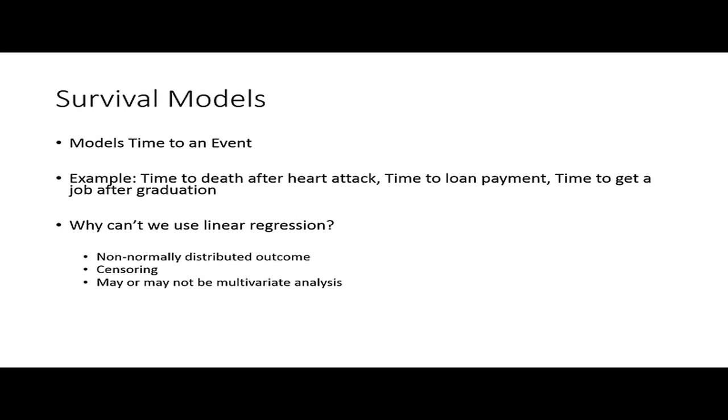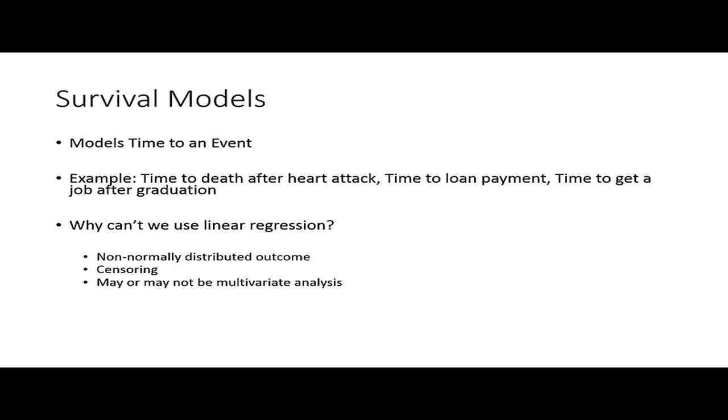We don't have any independent or explanatory variables associated with the time to an event. If we do not have explanatory variables, we cannot use linear regression. But if we only have the duration, that is all we have.